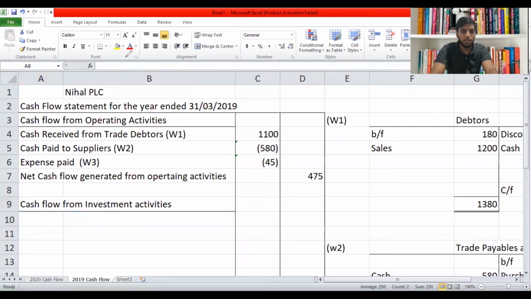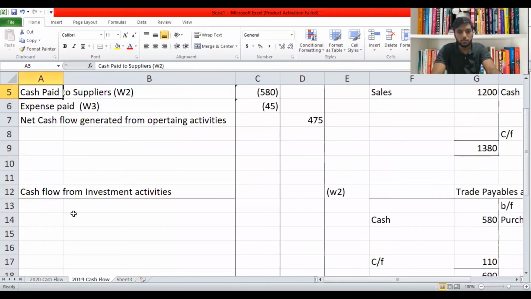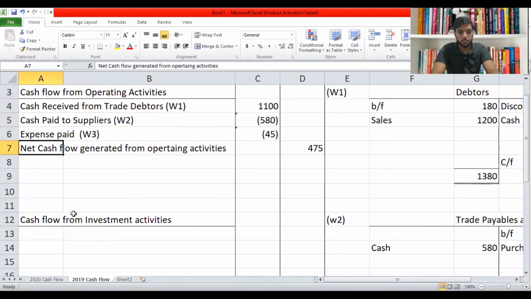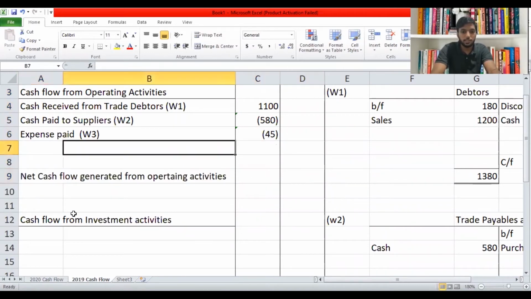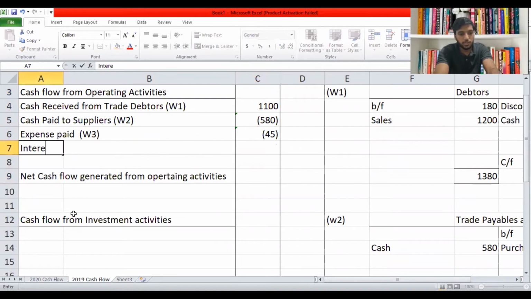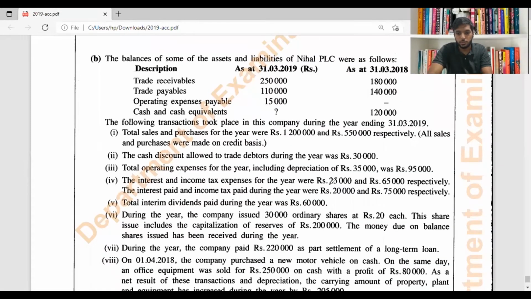Let me show you. I will take my interest and tax paid. They're given the interest paid and tax paid. So the interest paid in cash, they gave it on the sum. This value should be taken. So what is the interest paid they have taken on the sum? Just see the third, fourth adjustment.